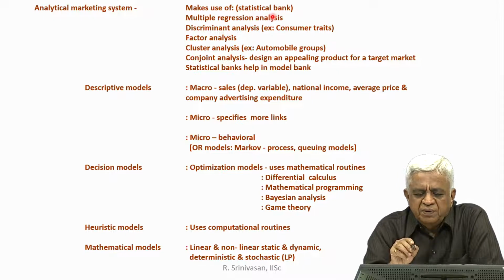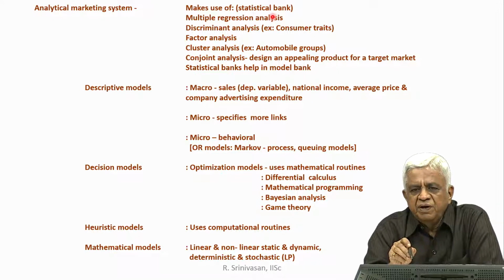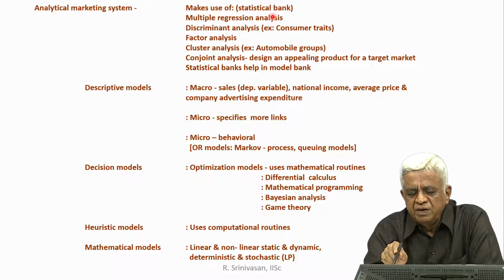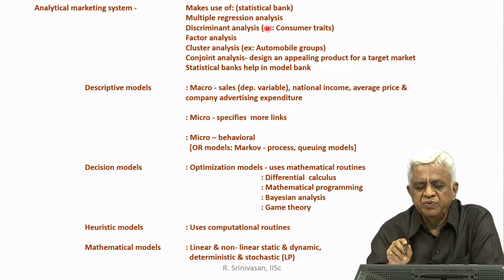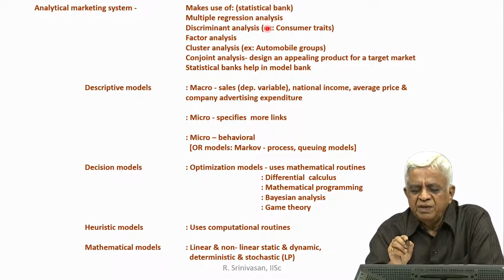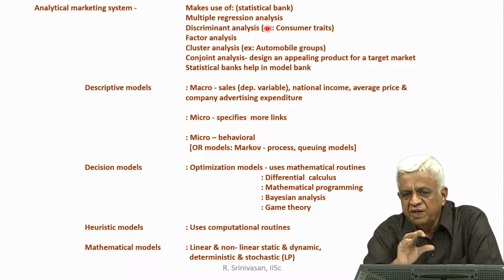What are you trying to do by doing this? You are going to find out, from the number of independent variables you have chosen to explain the increase or the decrease in demand, what is the percentage that is getting explained.